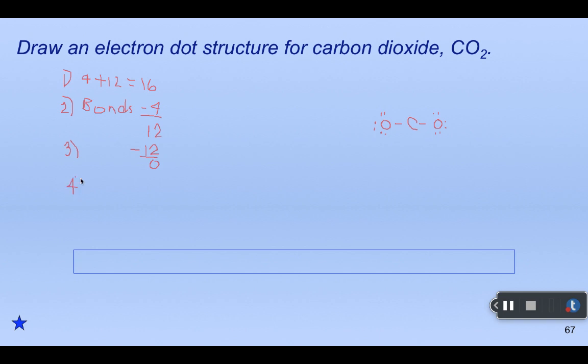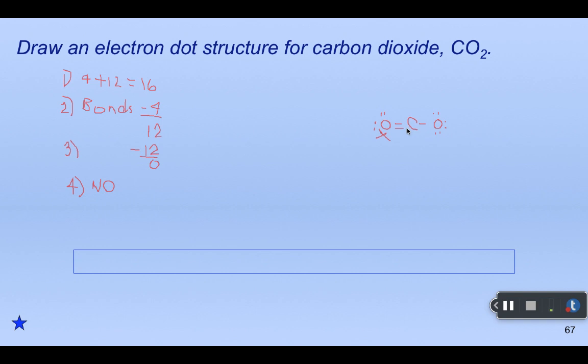However, does each atom have an octet? Well, no, because carbon is only shown with single bonds, and that's only 4, not an octet. So in order for us to accommodate an octet for carbon, we have to reassign some peripheral electrons into a lone pair, or sorry, into an extra bond, a multiple bond for carbon.